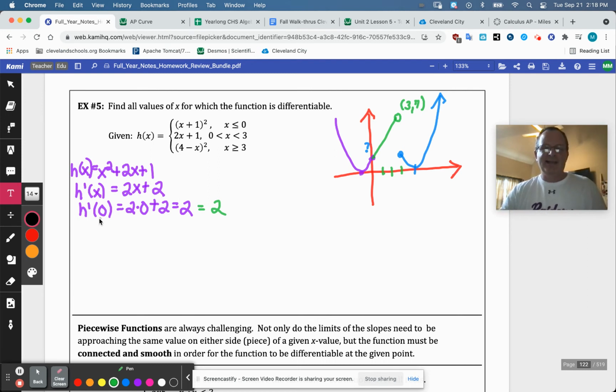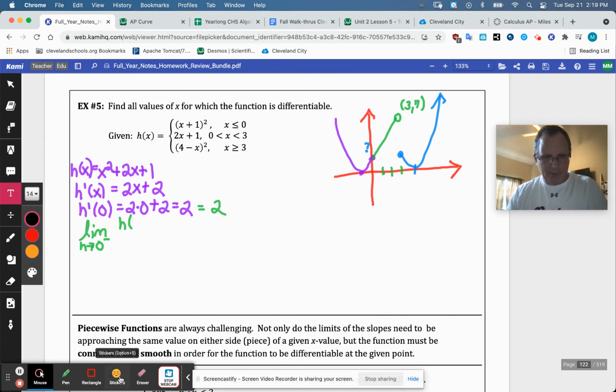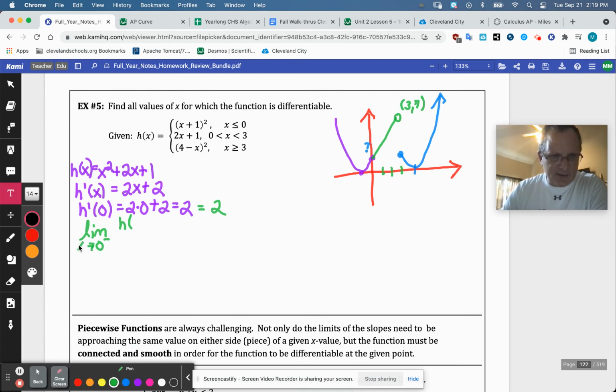Really formally, I should say the limit as x approaches 0 from the left of h of x minus h of 0 over x minus 0 is equal to 2.